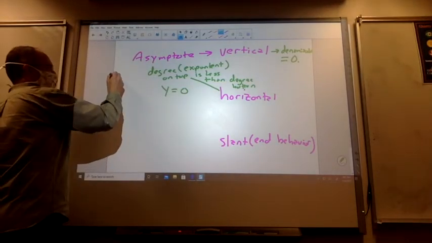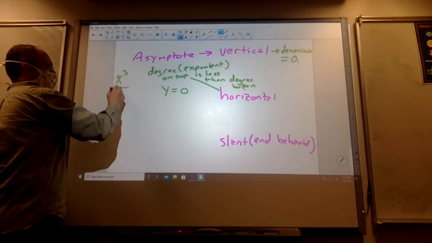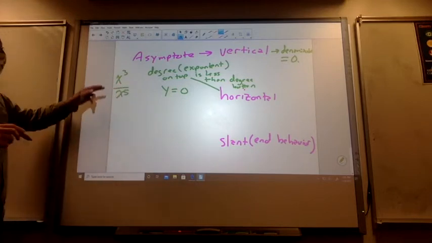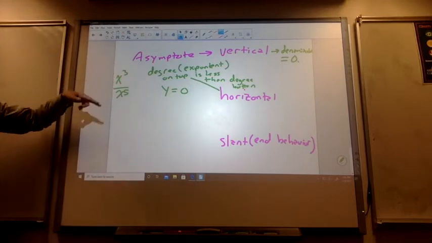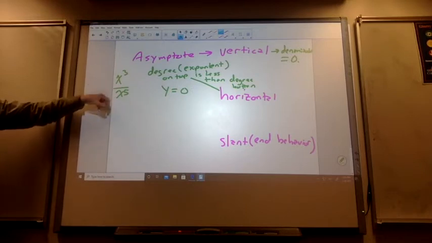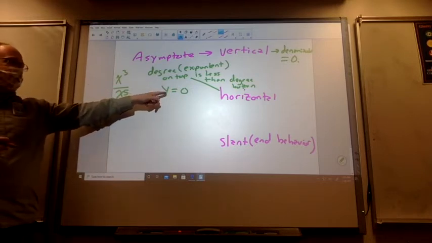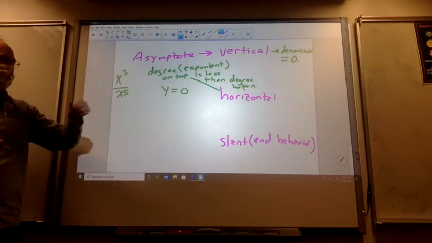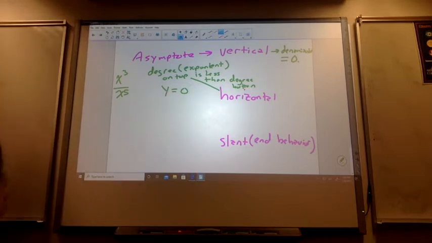So what I mean is if I had x to the third over x to the fifth, the degree on top is 3, the degree on bottom is 5. So this would have an asymptote of y equals 0, a horizontal asymptote.